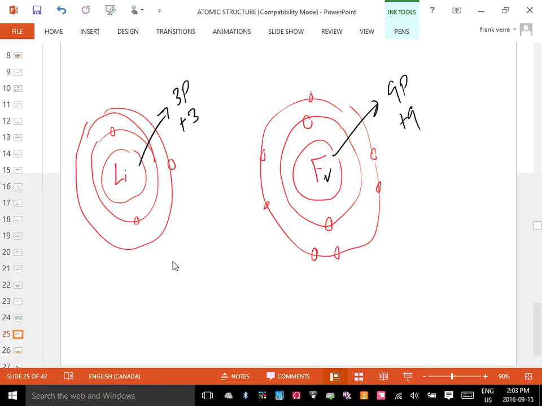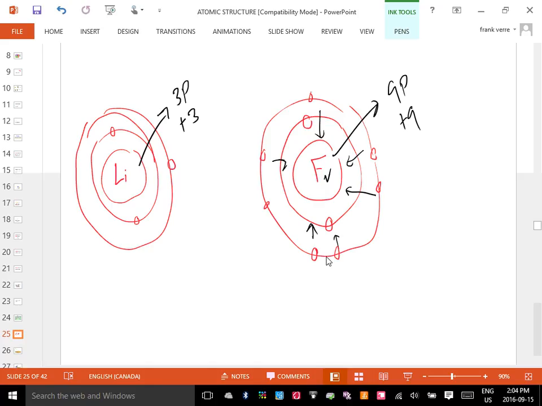They both have the same number of rings, but fluorine has a much stronger pull on the outer shell than lithium does. So what happens is fluorine will pull those electrons closer. As the nucleus gets stronger, the electrons come closer to the nucleus.